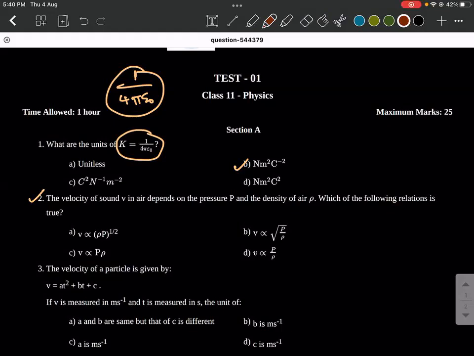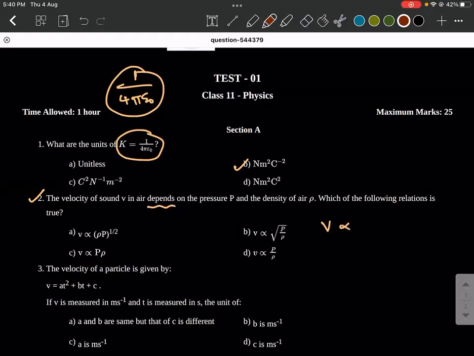So first of all, V is directly proportional to what? I already explained in the previous class also. So it is like this. Velocity of sound depends on pressure and density.